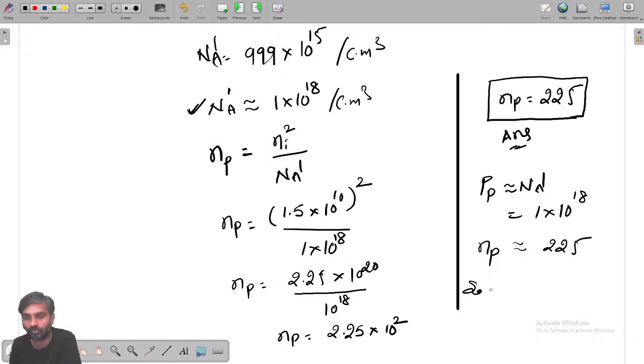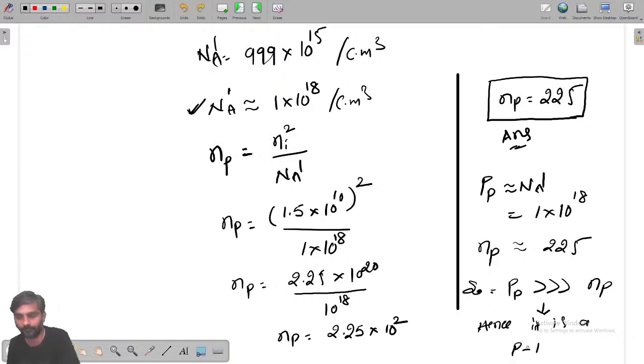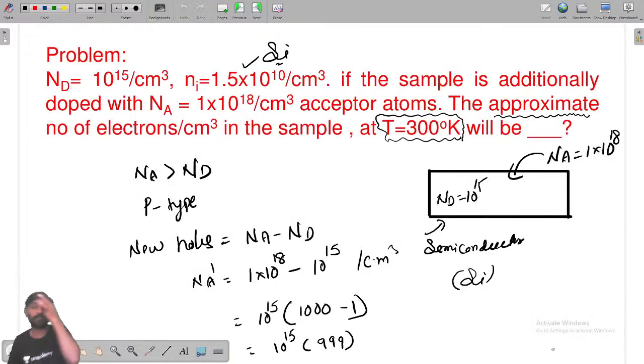So PP is far greater than NP. Hence it is P-type.